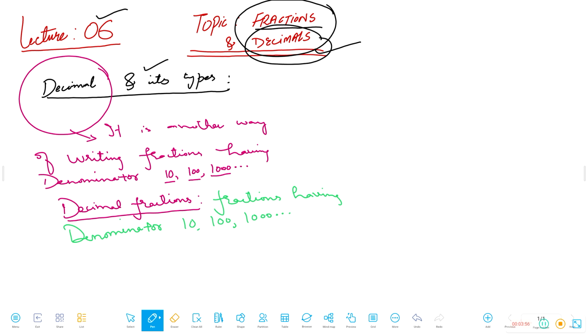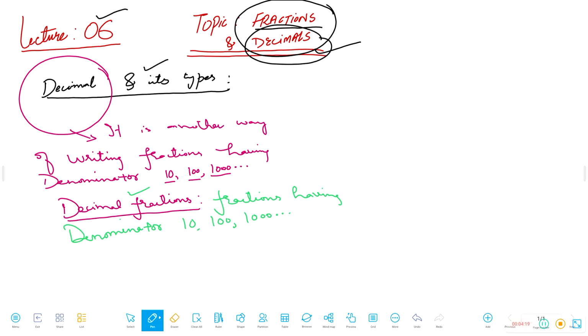In fractions we have dealt with proper and improper fractions, but now we came to know there are some fractions that we call decimal fractions. They can be proper, they can be improper as well. Decimal fractions are those fractions whose denominators are either 10, 100, 1000, 10,000, the denominator should contain 1 and 0 only.